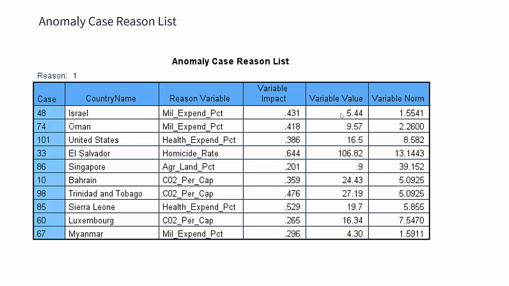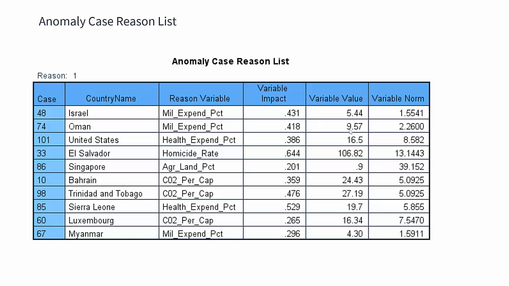We can see that the actual average value for Israel is 5.44%, whereas the norm for its peer group is only 1.55. If we look at Oman, we can see that the variable impact score here of 0.418 is driving its anomaly index score, also military expenditure percentage.